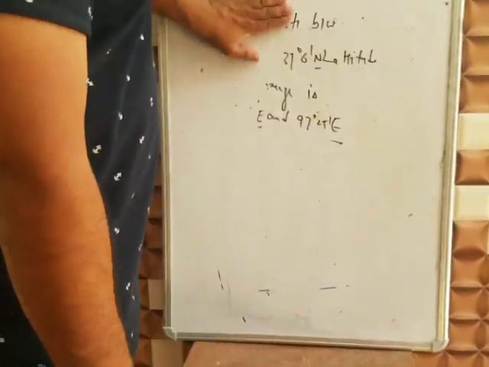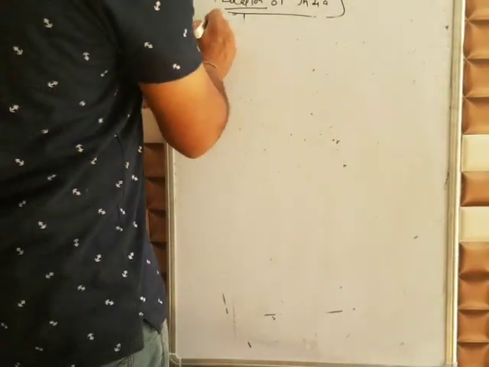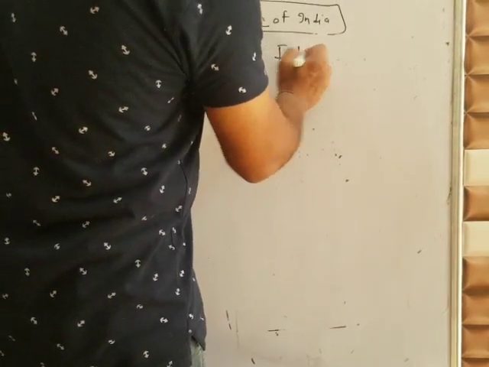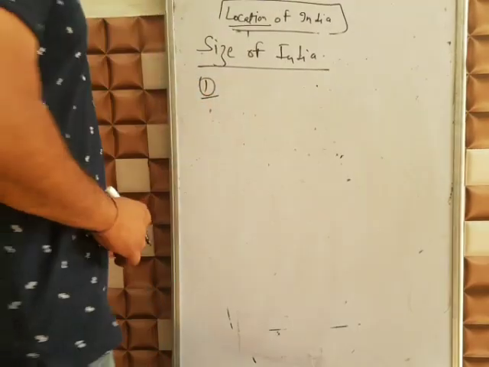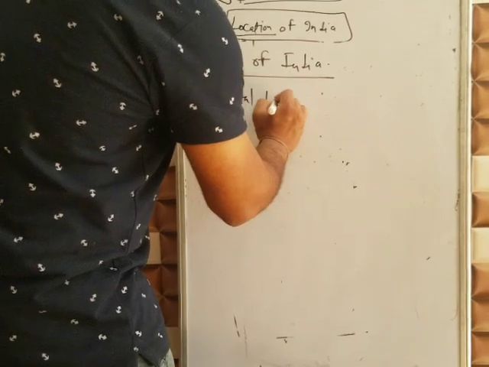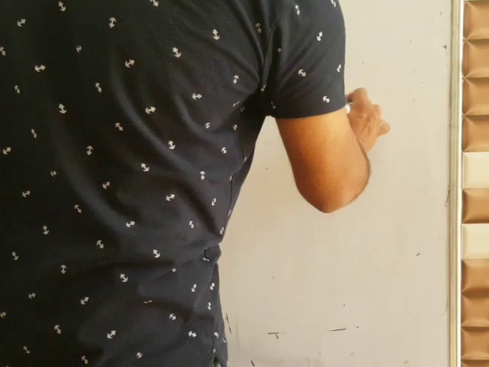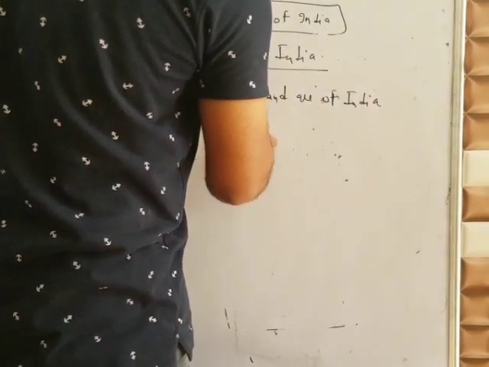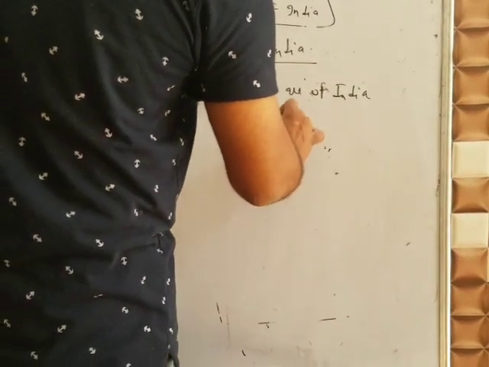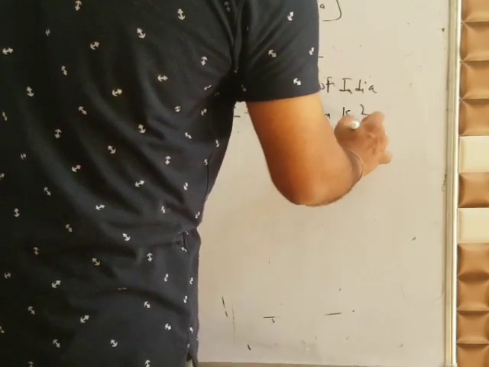Okay, now we go to the size of India. First key point: the total land area of India is how much? 3.28 million kilometers square.